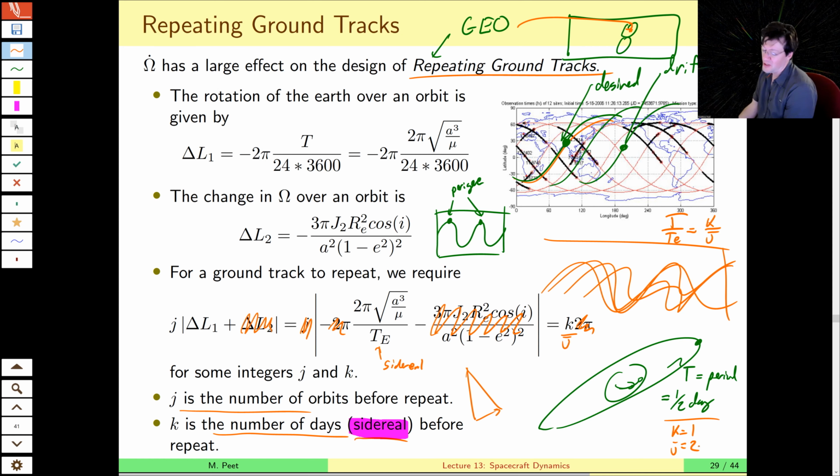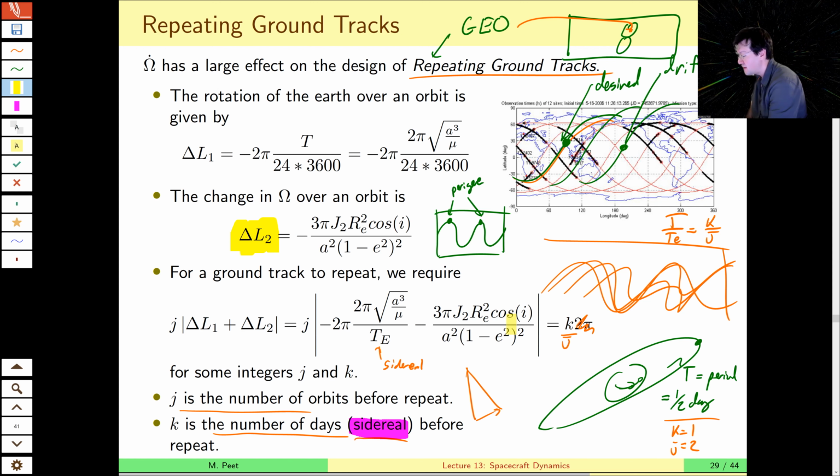However, of course, why are we talking about this now? Because omega dot changes the situation, right? So basically, the change in right ascension over one period alters this equation. So if right ascension is changing over a period, then you have to take that into account.